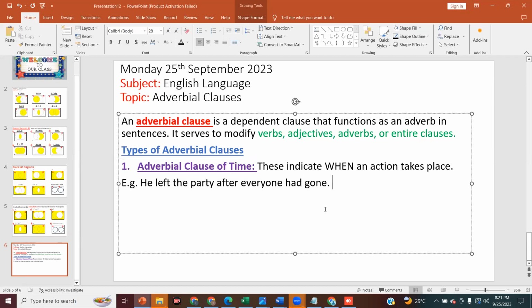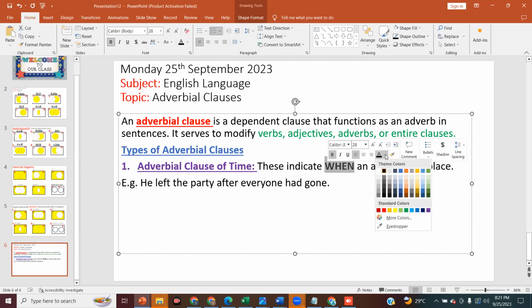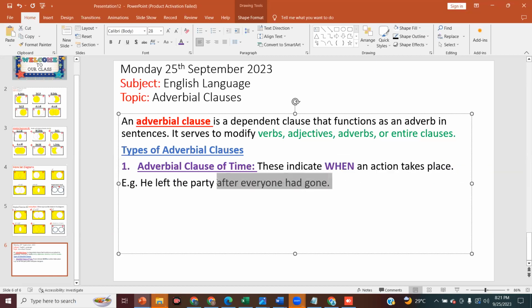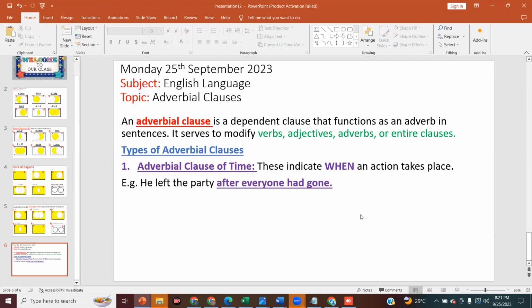What is the adverbial clause in here? The adverbial clause of time is after everyone had gone. If I ask you when did he leave, you would say, after everyone had gone. That's the adverbial clause of time right there. It answers the question of when something happens.